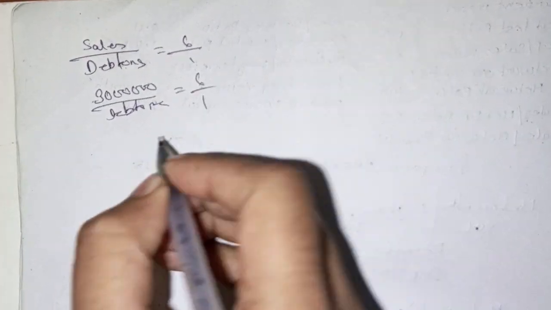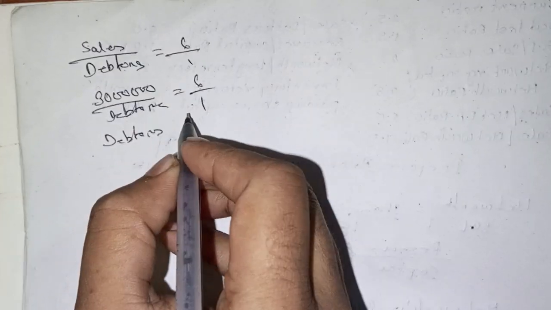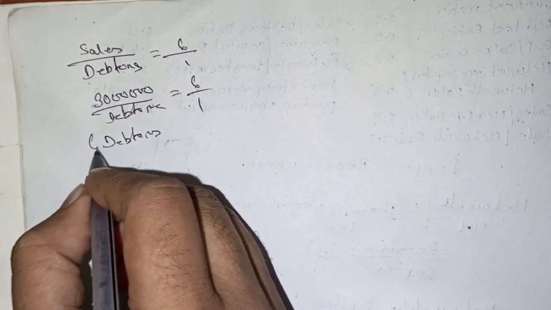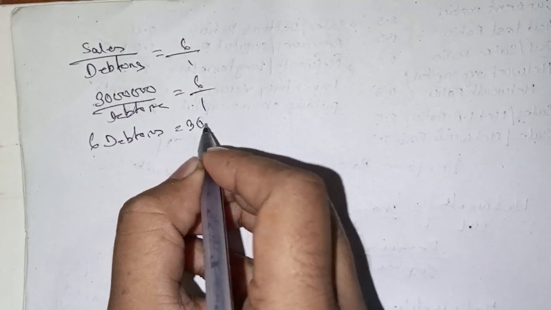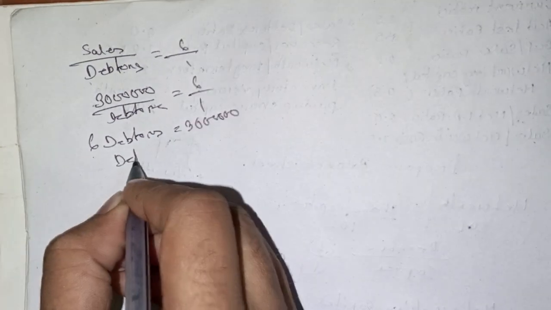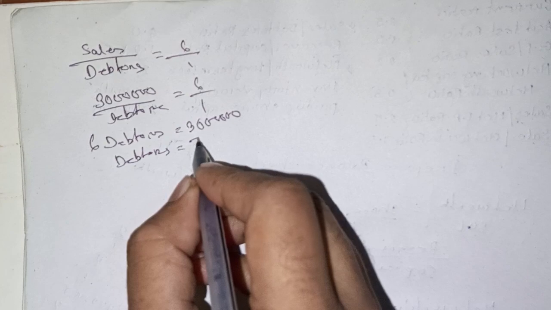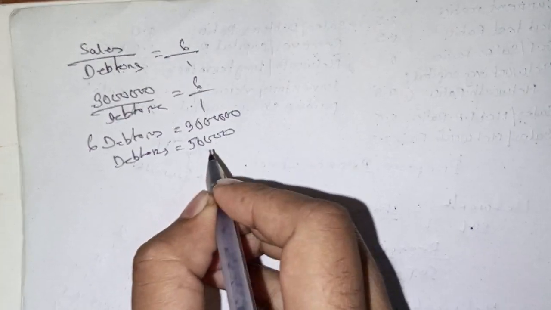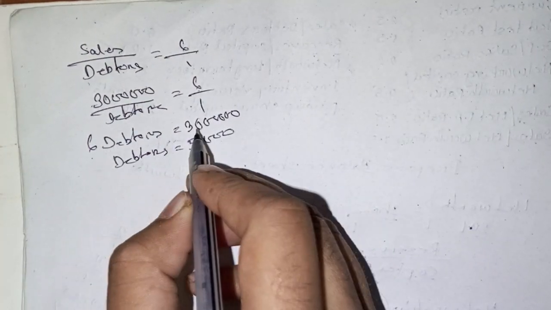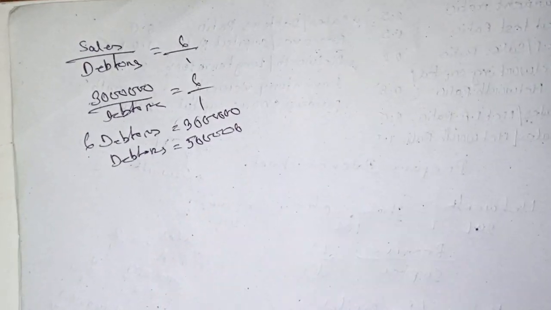Now, 6 times debtors equals 30 lakhs. So debtors will be 5 lakh. If I divide 30 lakhs by 6, then the answer is 5 lakh.